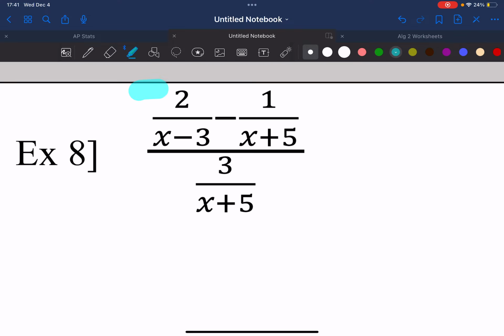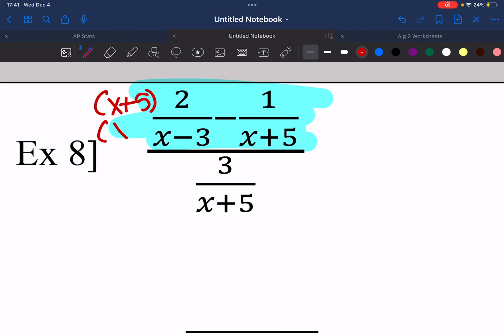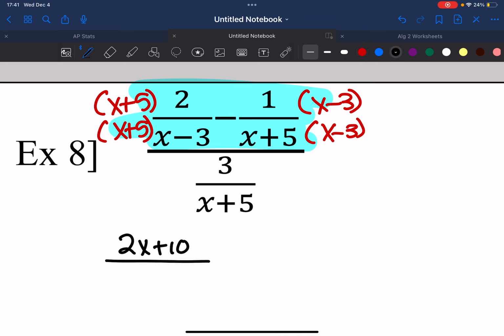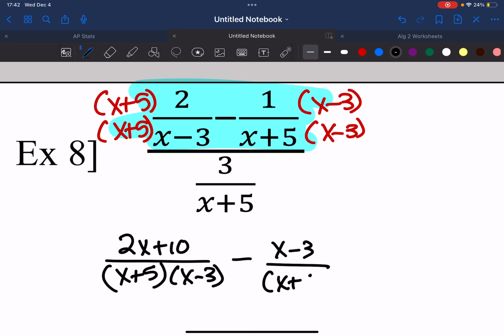Number 8, I now have to simplify my numerator and make it one fraction by multiplying the first one by x plus 5, and then the second one by x minus 3, so I can get a common denominator. So this gives me 2x plus 10 over x plus 5 times x minus 3 minus x minus 3 over x plus 5 times x minus 3.